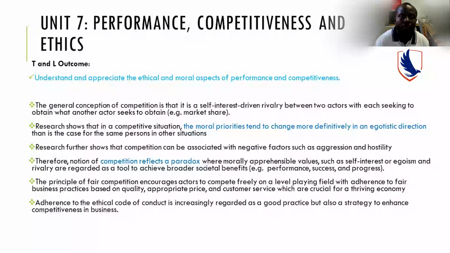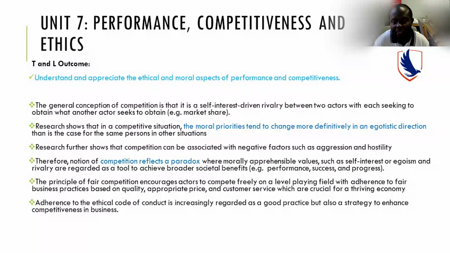I'll do unit standard number 7, which deals with performance, competitiveness, and ethics. Now, ethics are so important because there is a paradox when we're talking about performance and competition or competitiveness.